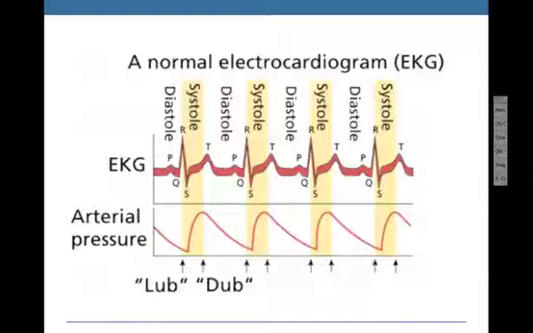It's a wave of electricity in the heart that causes the heart, the muscle cells, to contract. So they're measuring that pulse. When you have a normal heart rhythm, your EKG looks like this picture. And it is coordinated with diastole and systole.